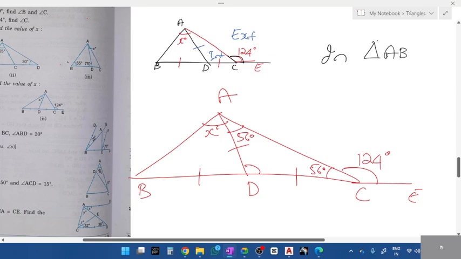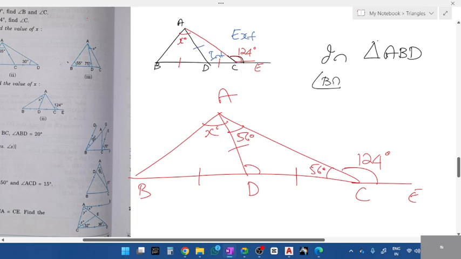In ABD, which two angles are equal? Which two sides are equal? Okay. BD is equal to AB. So which two angles are equal? Okay. How will you write angle A? Will you directly write angle A?